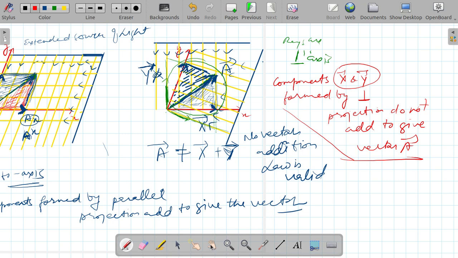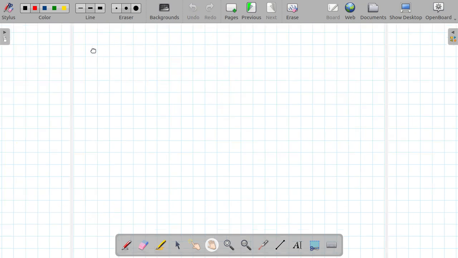So to make the idea clear, first we will consider the case of parallel projection. Rays are parallel to the axis in one case and rays are perpendicular to the axis in the other.